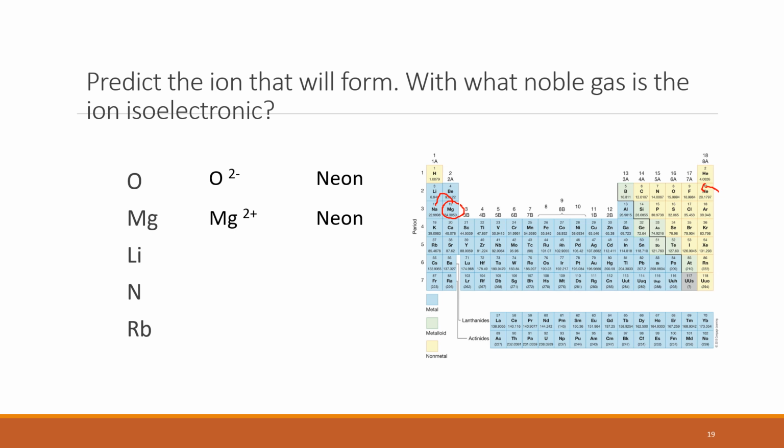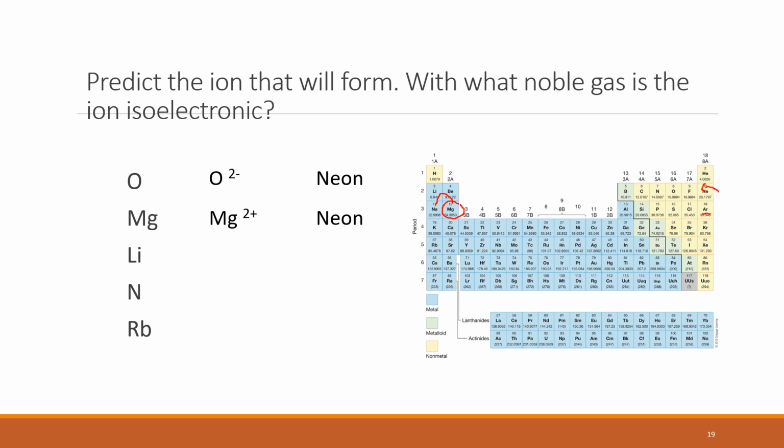So why is magnesium isoelectronic with neon and not argon, which is in the same row as magnesium? Well, look at it this way. Magnesium has a choice. It can lose 2 electrons to get to neon, or it can gain 1, 2, 3, 4, 5, 6 electrons to be isoelectronic with argon.